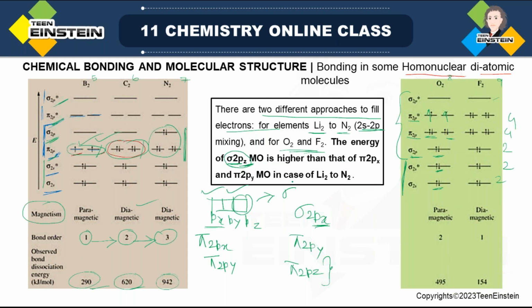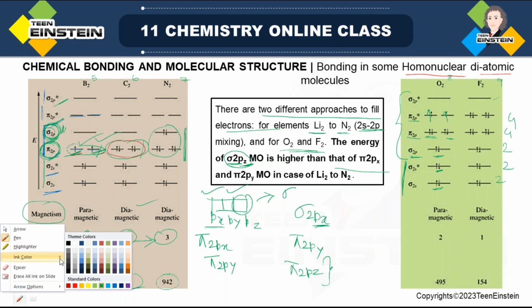So the energy of the sigma 2pz MO is higher than that of the pi 2px and pi 2py MOs in the case of the lithium 2 diatomic molecule up to N2. So sigma 2p, which is here, is higher than the energy of pi 2px. Suppose this is 2px, this is 2py. So this is higher, but when it is O2 and F2, you will not find that.